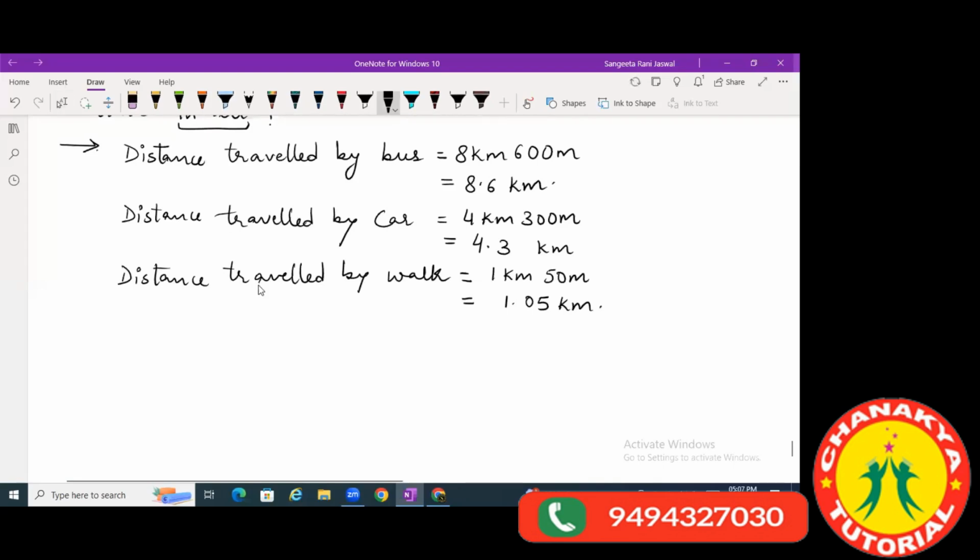Okay, now I was asked how much distance was traveled, the total distance. So you will add all of these: 8.6, 4.3 and 1.05. Since there is nothing in the vacant spaces, I will just occupy them and then add. Now you give me the answer. Harshit, give me the answer.